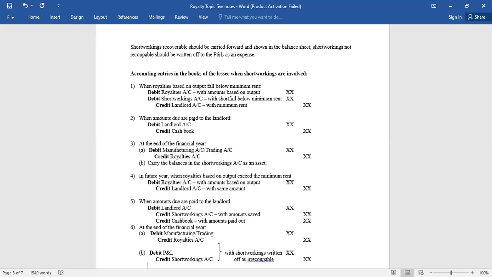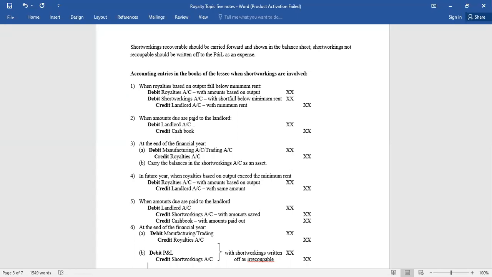At this period, we are going to debit the manufacturing account, or the trading account if whatever we were getting is a service. And we are going to credit the royalties account, but the deficit that will be prevailing, all our shortcomings, will be carried forward. So we are going to carry the balance in the shortcomings account as an asset.